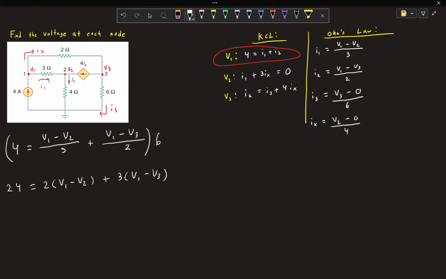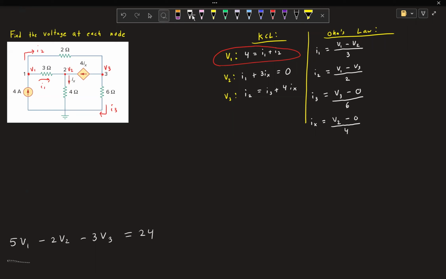Then just simplify further, and then combine your like terms. And that gives us our first equation.